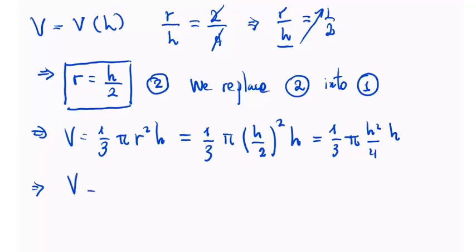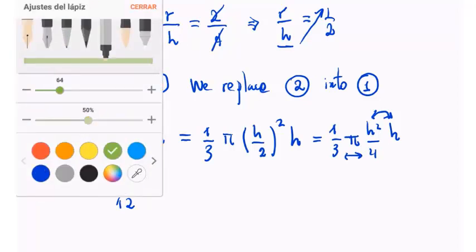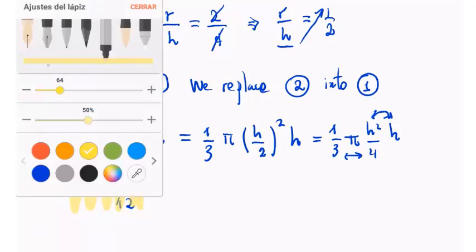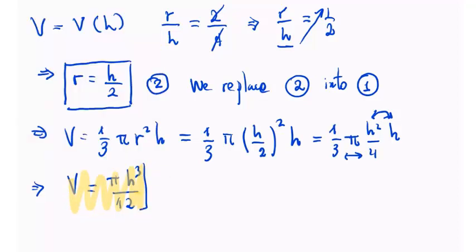Then the volume is equal to, multiplying the terms at the bottom, pi h cubed over 12. This is the volume as a function of the height, okay, guys? We call this number 3.